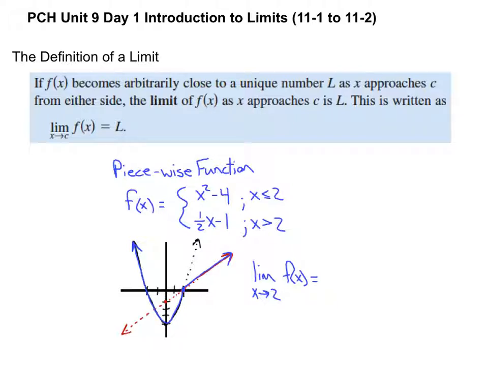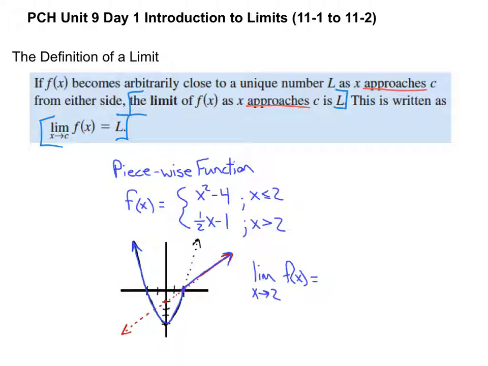So you'll notice here this word approaches occurs twice. And this clause right here, the limit of f of x as x approaches c is L, is exactly how you would read this equation right here. The limit of the function f of x as the value of x approaches c is L.